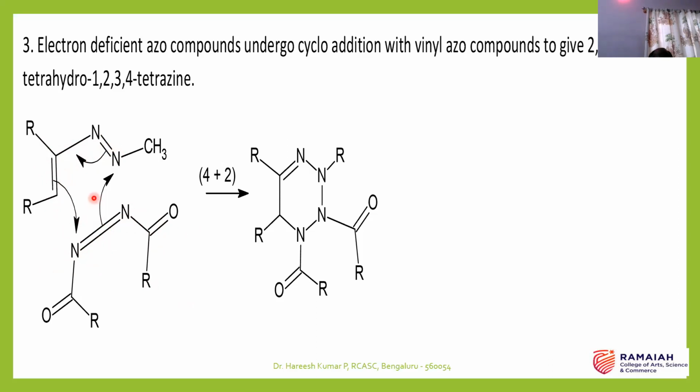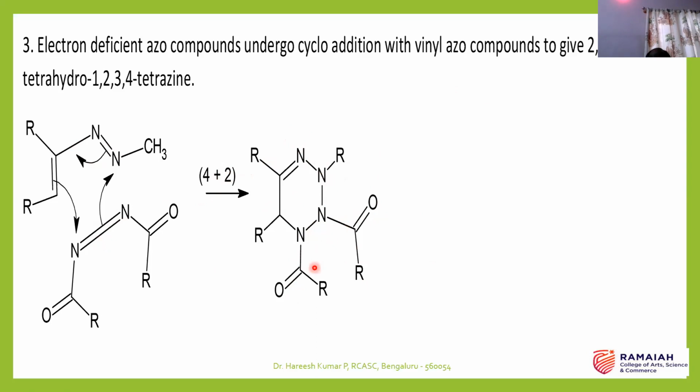So vinyl aza, when it is treated with electron deficient diimide, it will undergo 4+2 cycloaddition, giving rise to a tetrazine. Okay, 1, 2. Here what you need to remember, don't give priority to this nitrogen, give priority to this: 1, 2, 3, 4. Okay, so then 5, 6. So this is how you can number it.